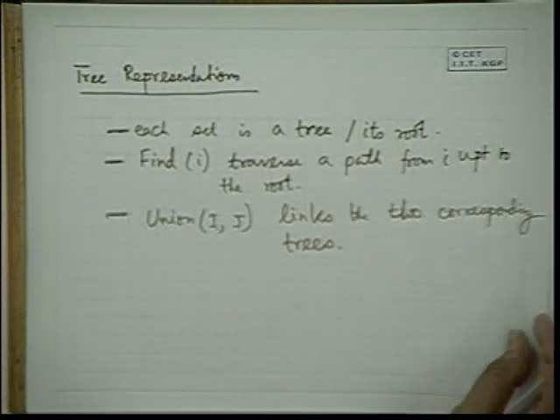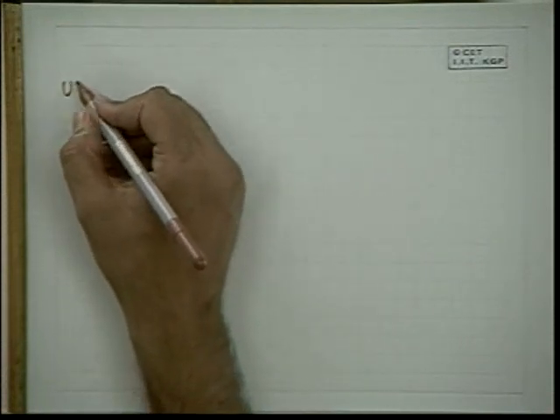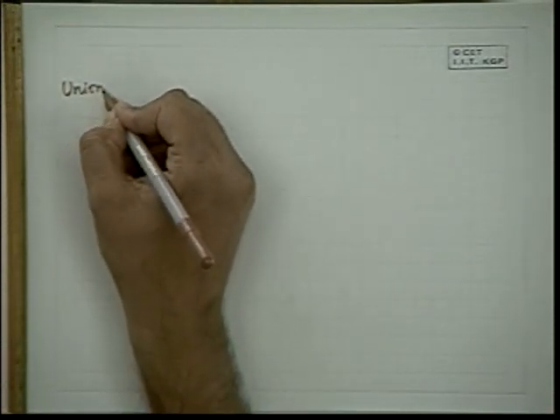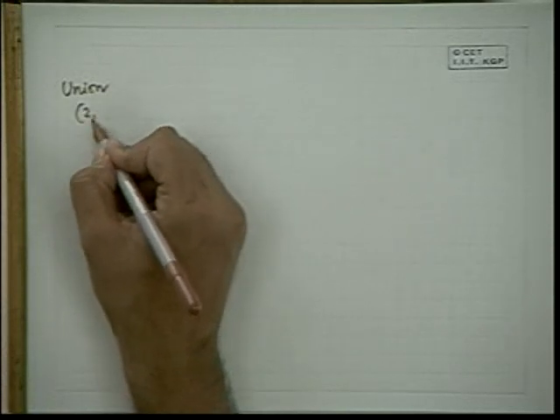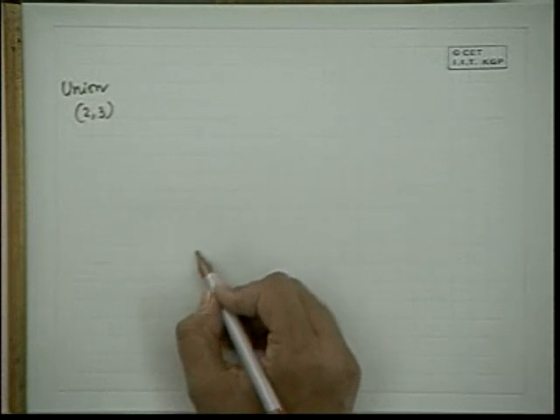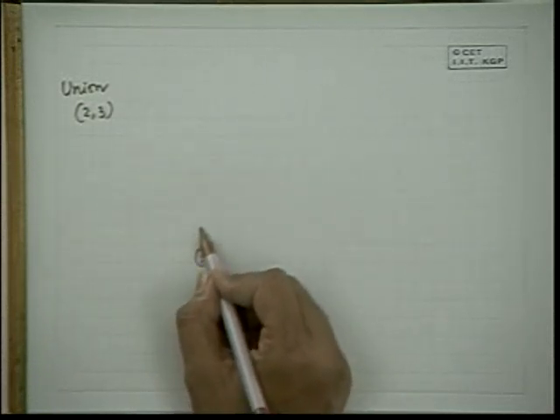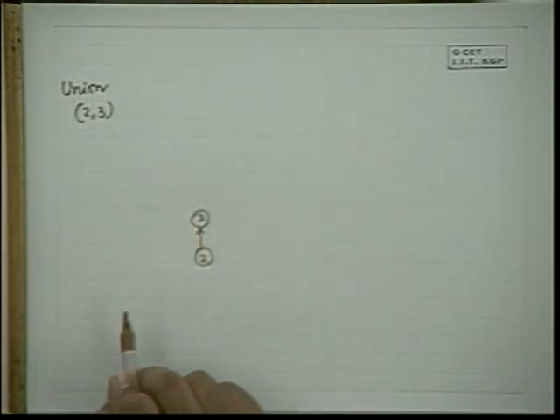So before I do this, let me take an example again. So the example is this. Suppose we have these union operations. So union 2 3. When I say union 2 3, suppose 2 is here and 3 was here. So basically 2 will link to 3.